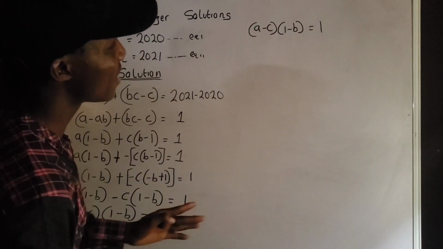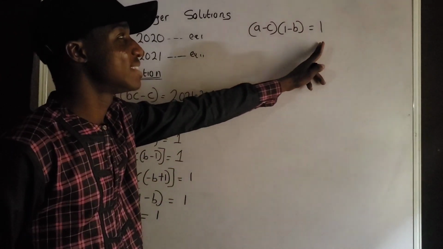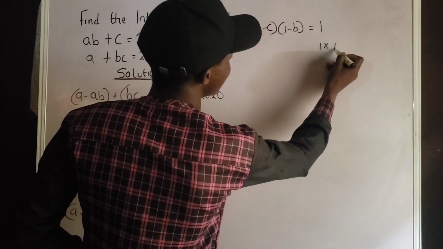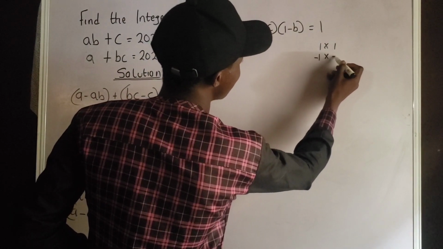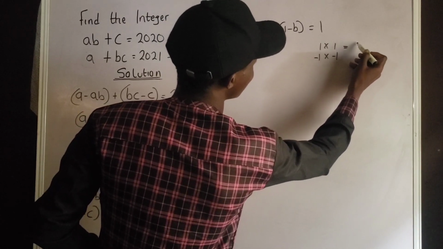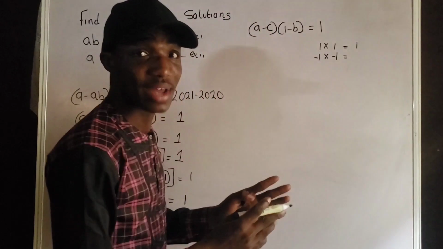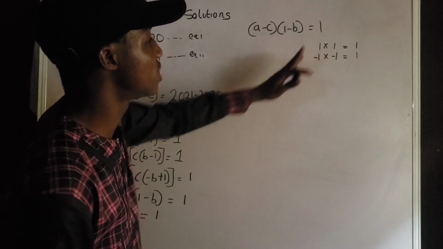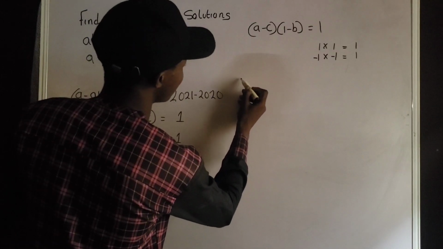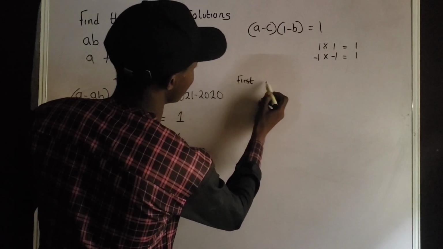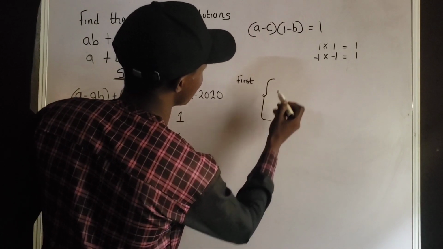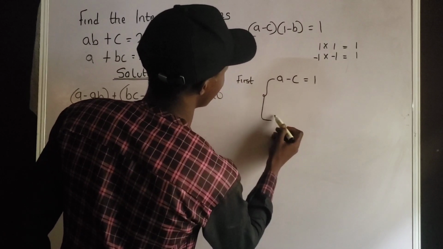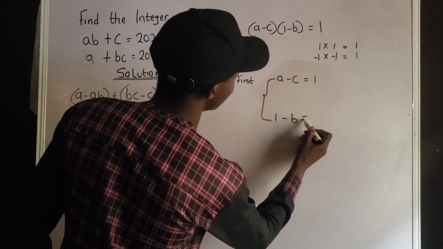Now don't forget that 1 can be written as 1 multiplied by 1 or -1 multiplied by -1. Now for this equation, we have the following solutions. The first case is A - C = 1 and 1 - B = 1.